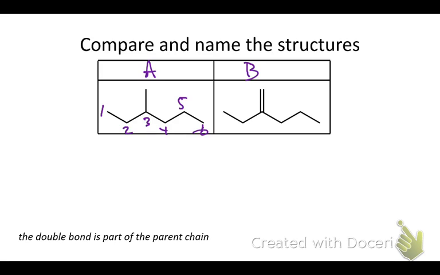Now, for the alkene, it looks very similar, right? But here's the trick. The double bond has to be part of the parent chain. And the numbers have to increase through the double bond. So it would be 5. It's 1, 2, 3, 4, 5.